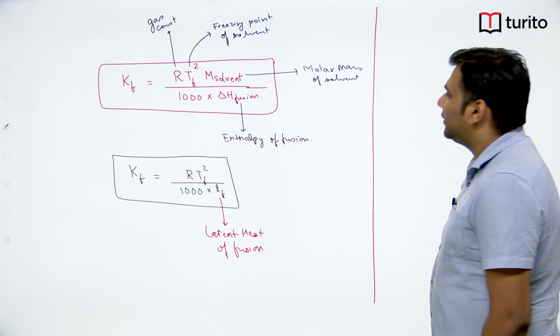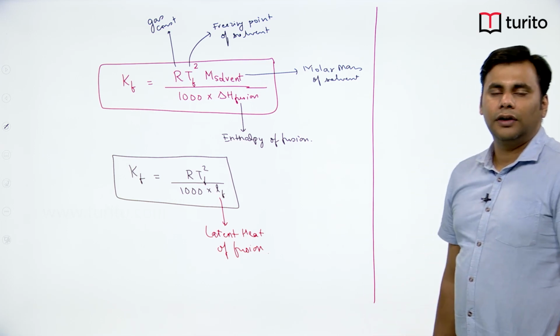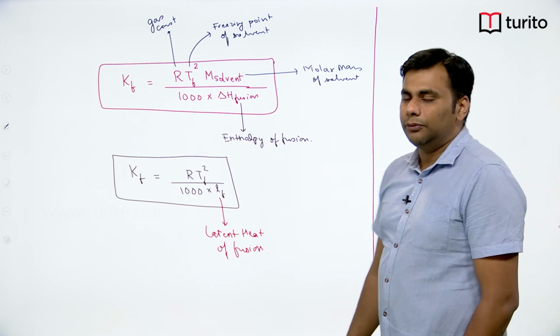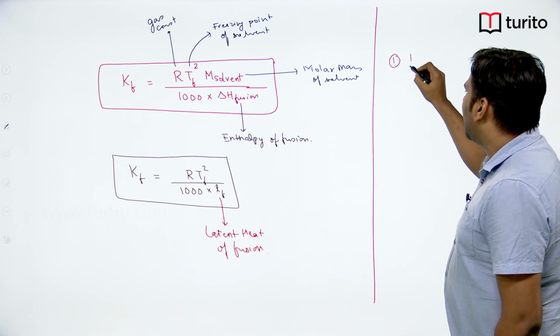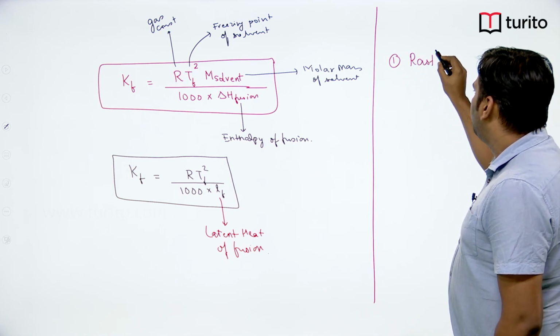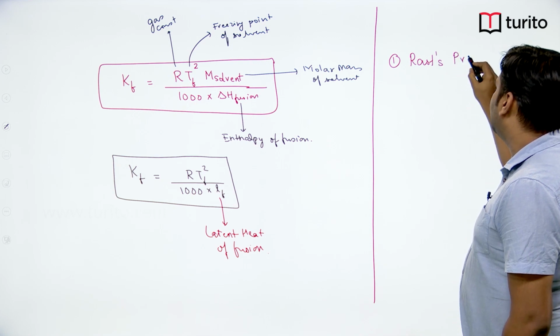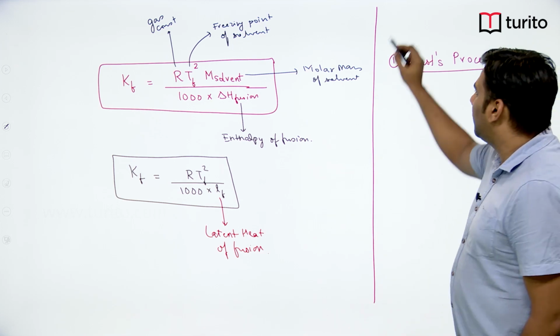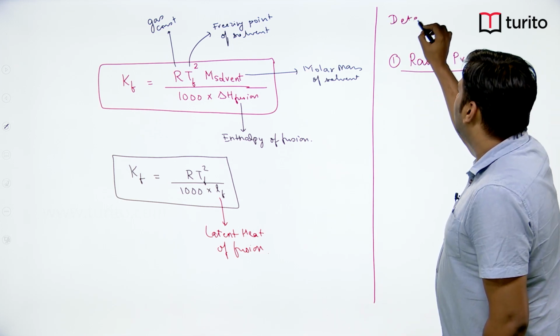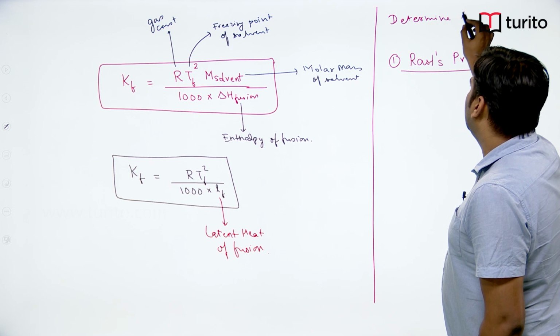So there are two ways to find the value of depression in freezing point. There are two methods to determine delta Tf experimentally.